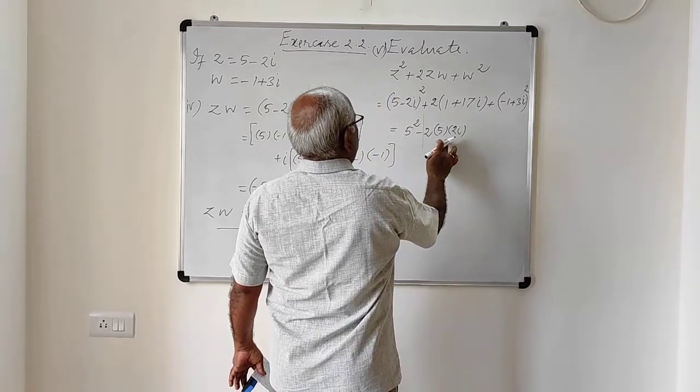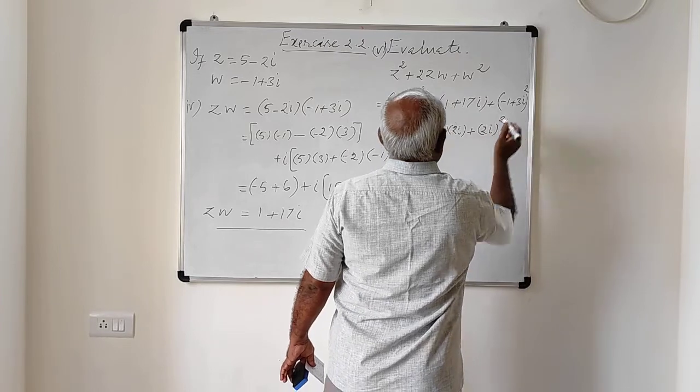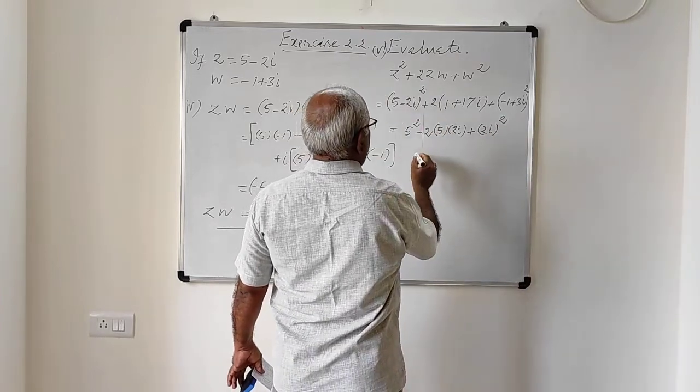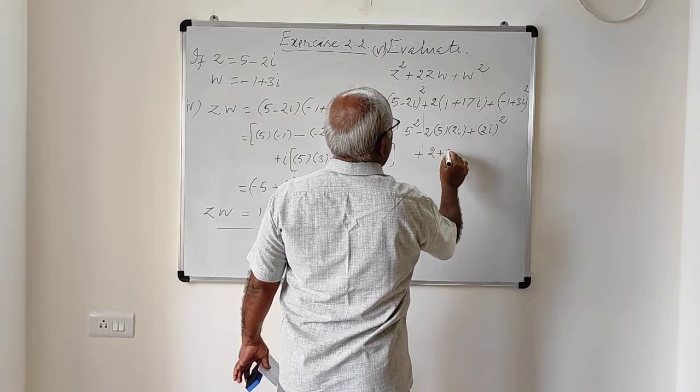A square, minus 2ab, plus b square, where b square is 2i the whole square. Next, plus 2 into 1 is 2, plus 17i into 2 is 34i.